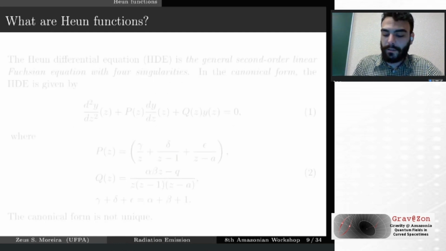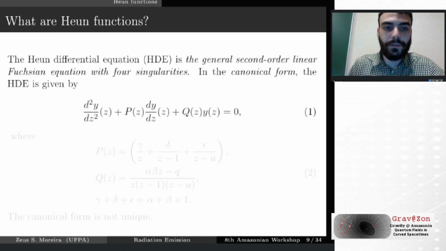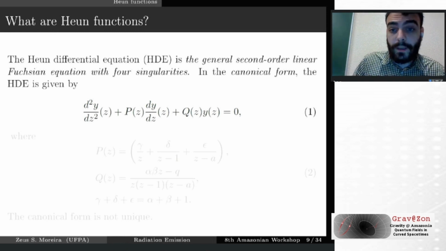And here I have the first definition of the presentation. What is a Heun differential equation? It's the general second-order linear Fuchsian equation with four singularities. Maybe the name Fuchsian equation deserves some explanation. Roughly speaking, a Fuchsian equation is an equation in which all the singularities are regular singularities.